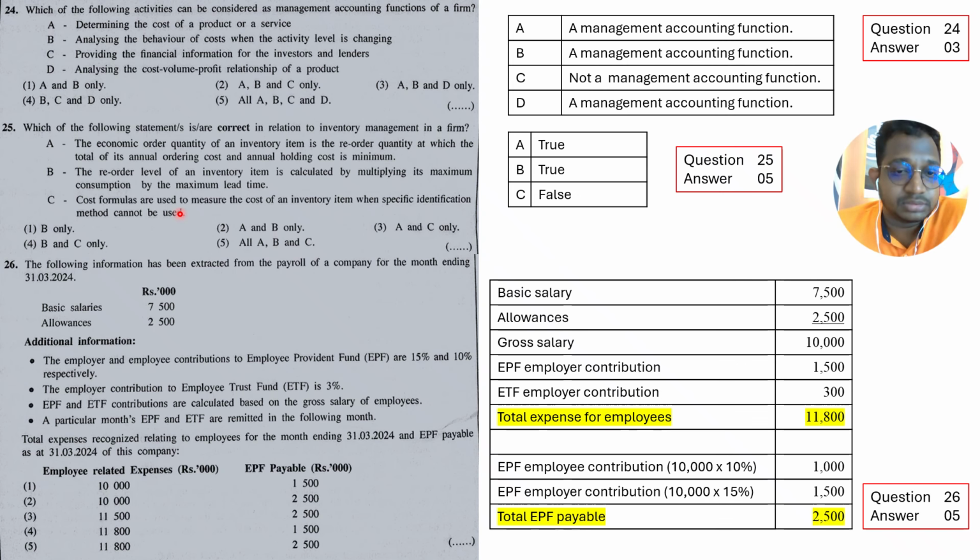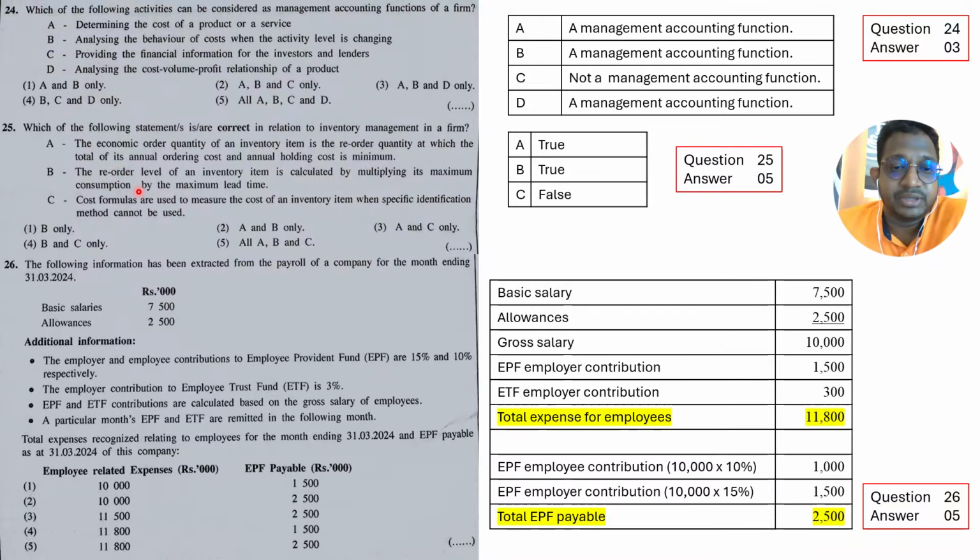25th one, they are asking for the correct statements based on the inventory management in the firm. The economic order quantity of an inventory item is the reorder quantity at which the total of its annual ordering cost and annual holding cost is minimal. That's correct.